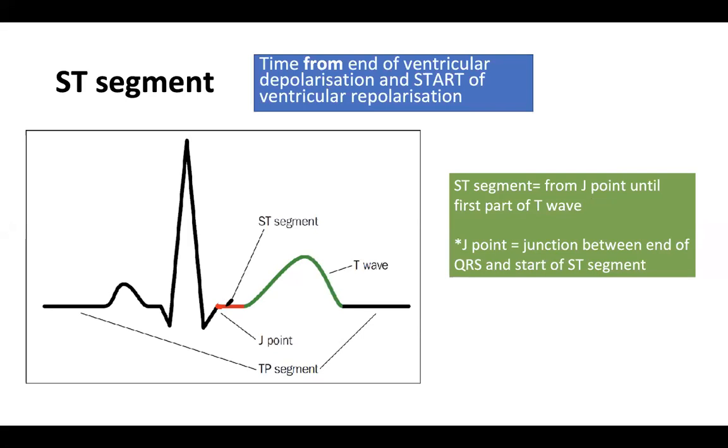And this is really important when you're trying to figure out whether there's an ST segment myocardial infarction, the J point, because that will determine whether or not there's ST segment elevation. And then the ST segment is from the J point until the first part of the T wave, which would be here.